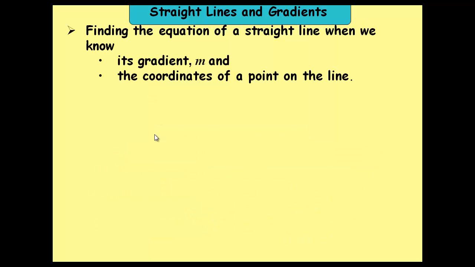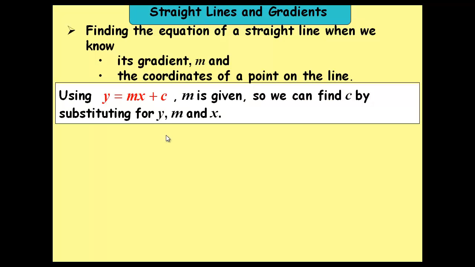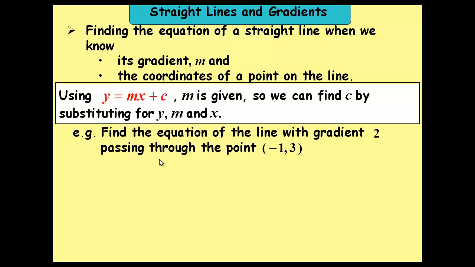Okay, so we're going to start off finding the equation of a straight line when we know its gradient and the coordinates of a point on the line. Because we know m, we can find c by putting in our x and our y value, and then we can replace the m and the c as numbers and y and x into the equation.